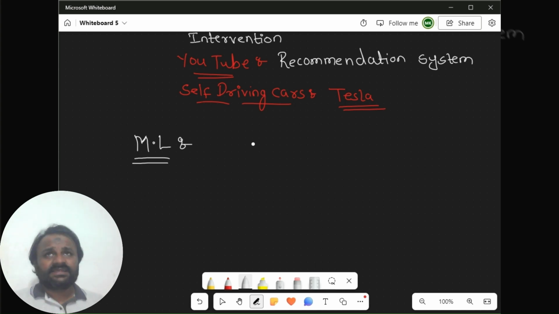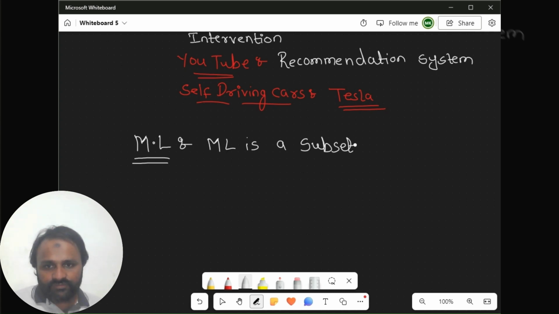As you can see, the superset is AI, and inside that superset there is machine learning. ML is a subset of AI. The first thing you should always remember is ML is a subset of AI.